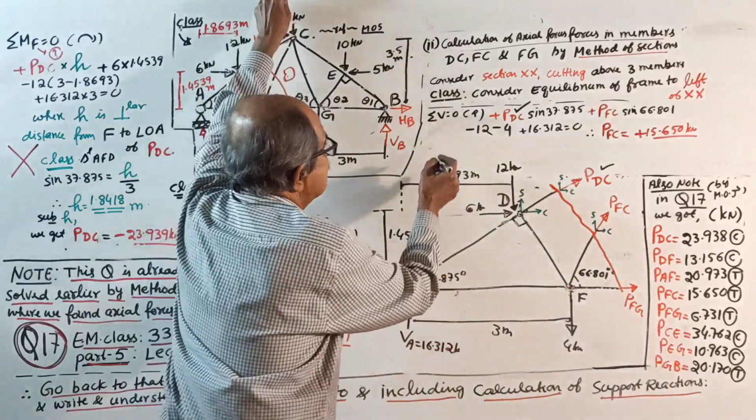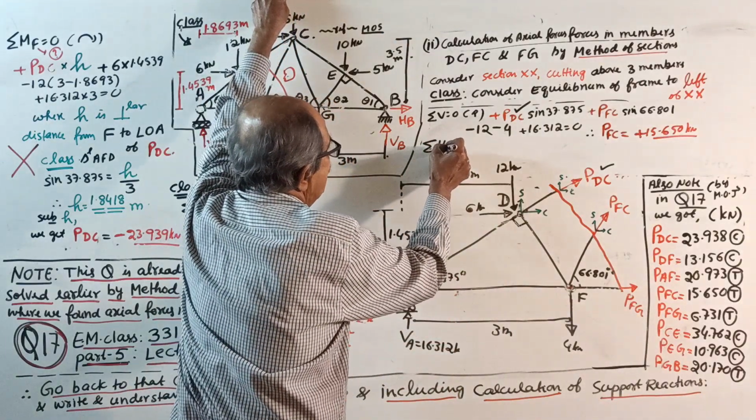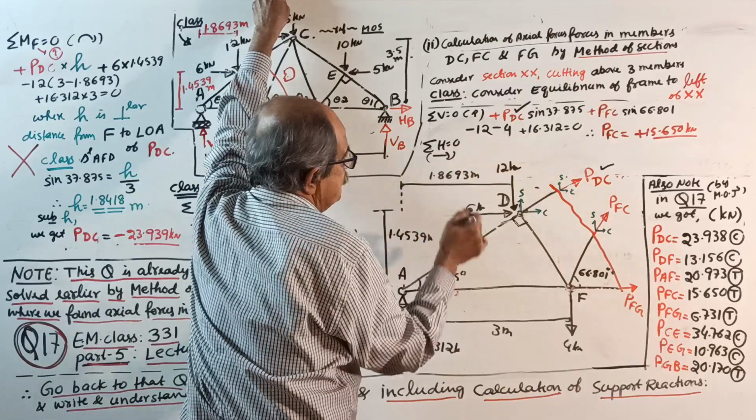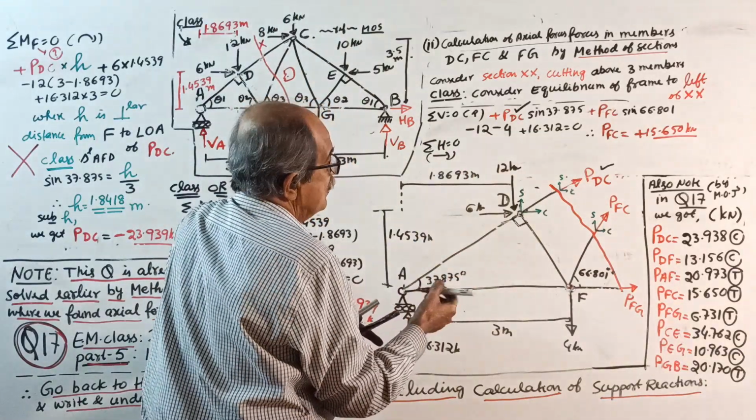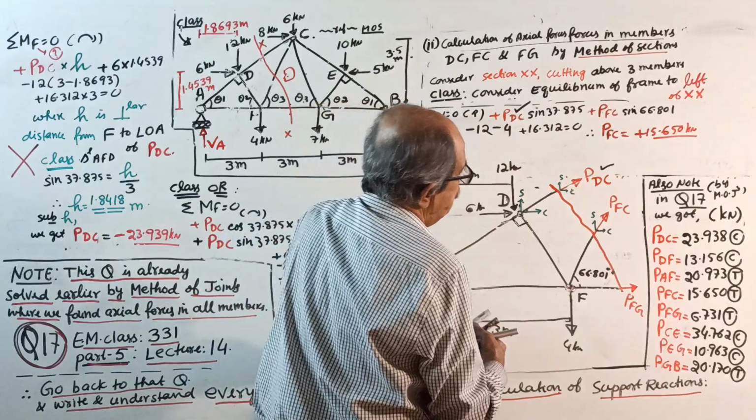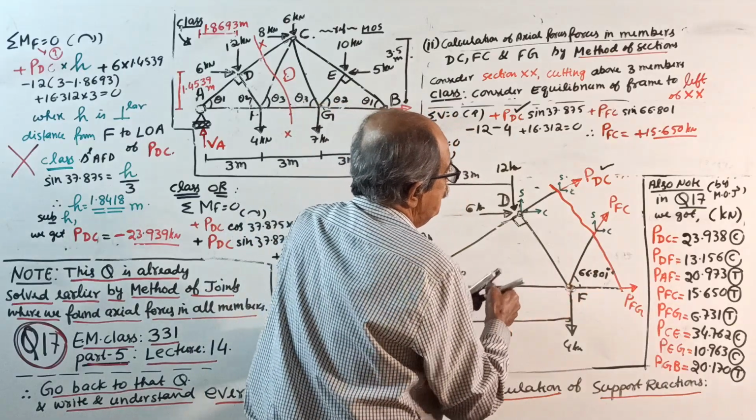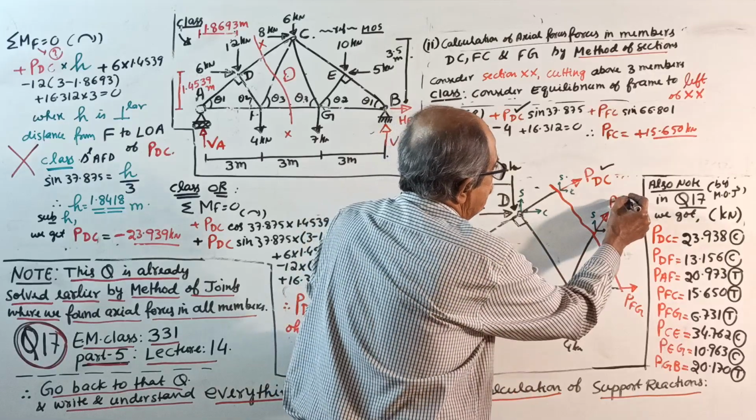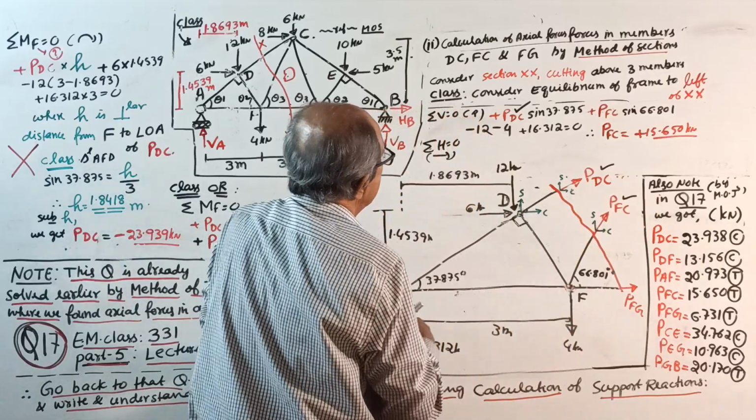Okay, start. Lastly, sigma H equals 0, take right side positive. Now you got PFC also. Lastly, PFG.